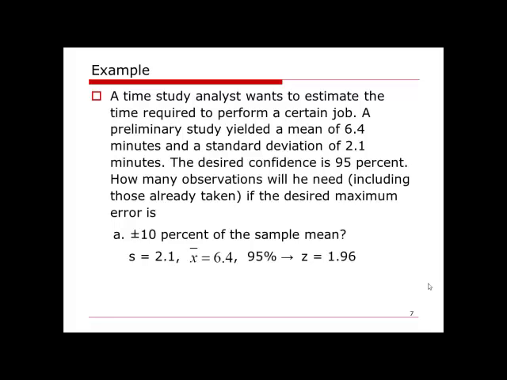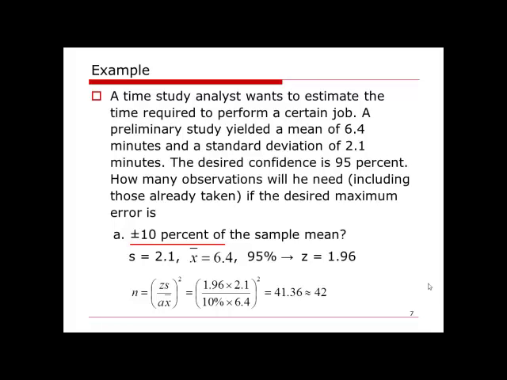So we have standard deviation equals 2.1, sample mean equals 6.4. The given 95% desired confidence leads us to z equals 1.96. With all this given information, and knowing the first formula to use because the error is expressed as plus or minus 10% of the sample mean, we do the calculation and find a value of 41.36.